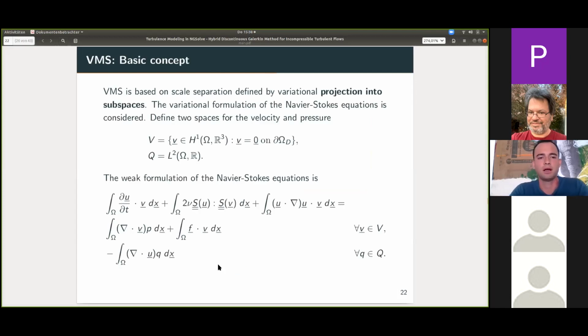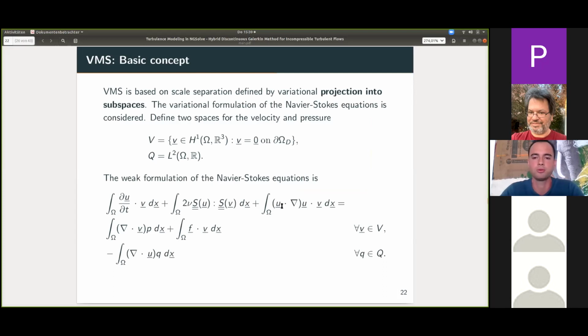In VMS, we have basically the same idea as in LES, but the scale separation is defined in a different way. So here we use the weak formulation of our Navier-Stokes equations, and the scale separation is then defined by variational projection into the appropriate subspaces. Firstly, we define our spaces for velocity and pressure.